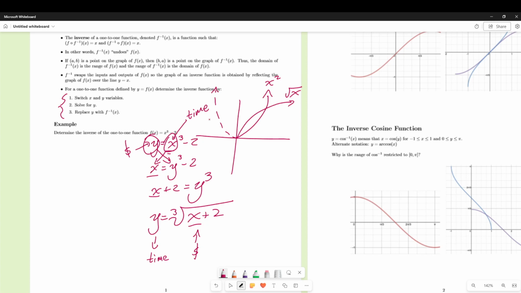If the square is the area and the square root is a length, then is this the length and that's the area, or is that the area and that's the length? Well, for this graph, the input is the length and the output is the area, but for its inverse, the input would be the area and the output would be the length.